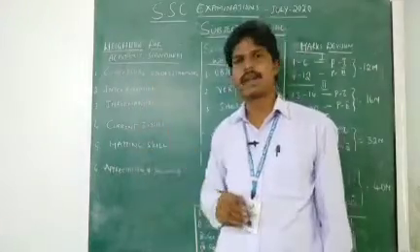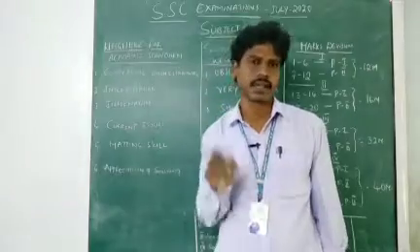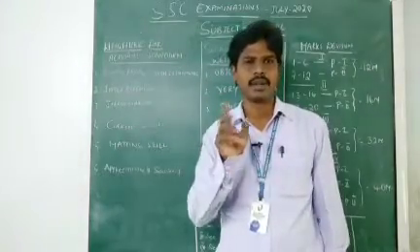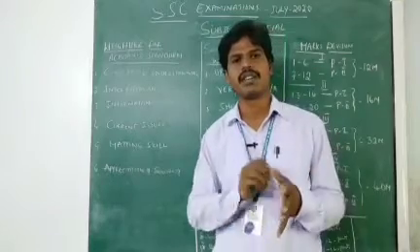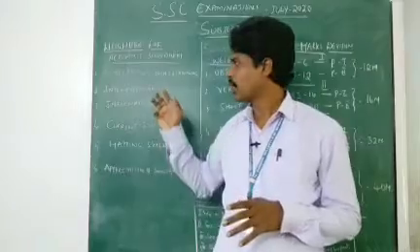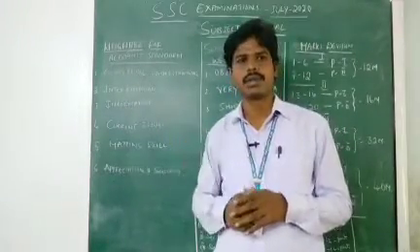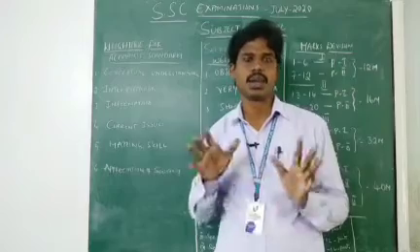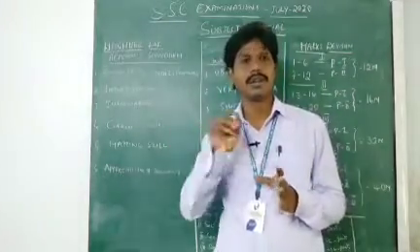Next is interpretation. Interpretation means that some data, or some situation, or something that has taken place is given to you. That may be given in tabular form or in a pie chart, and that is called interpretation. The next one is information.